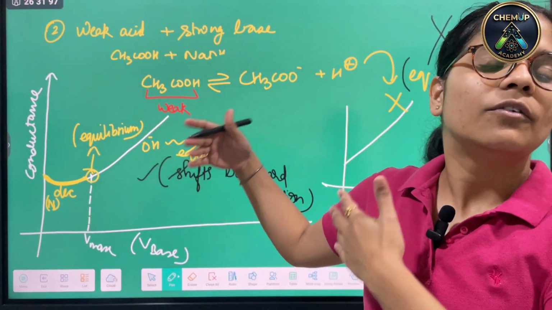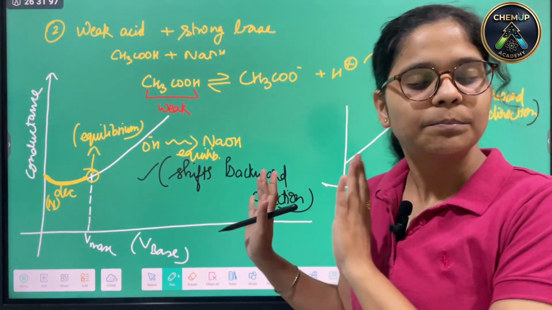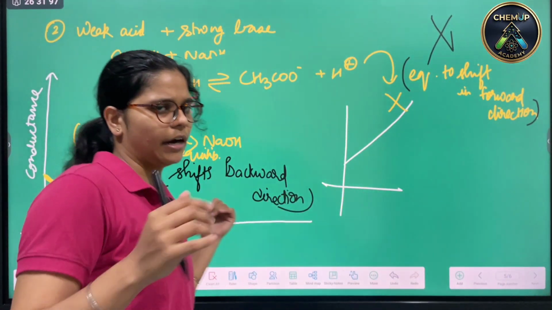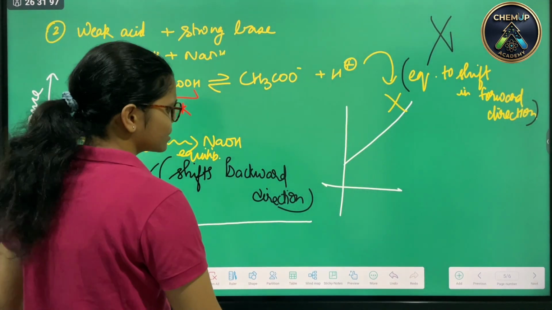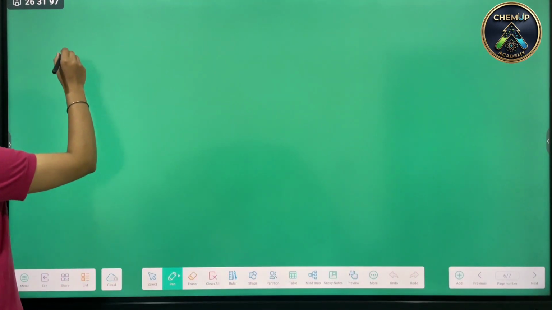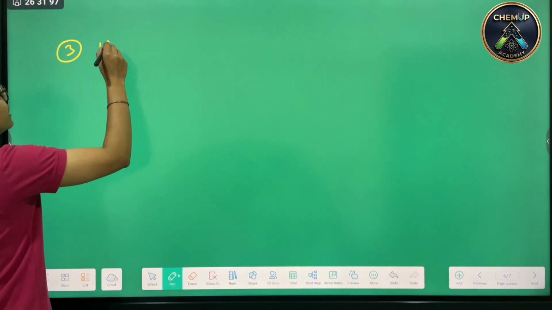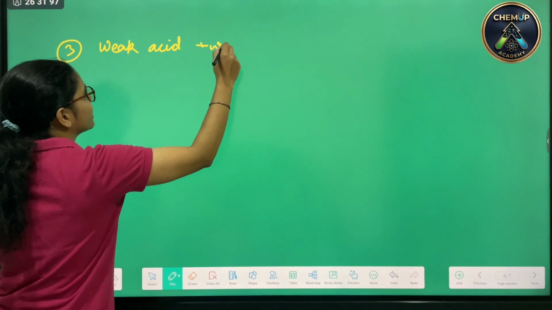Instead, the graph that we have got after the performance in the laboratory is usually this type of graph. So, this was our second case. Coming on to the third case of ours, it is quite simple. If it comes to explaining, the third case was weak acid, weak base.